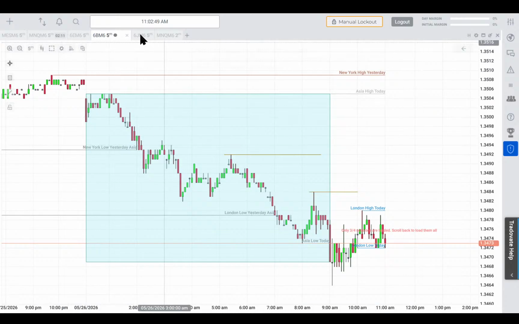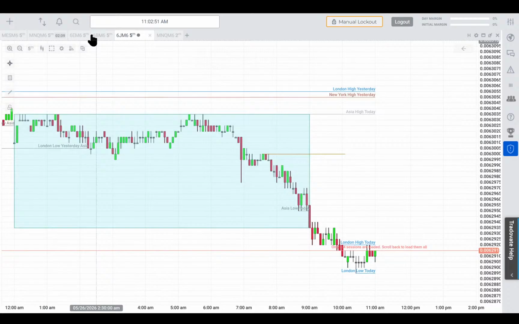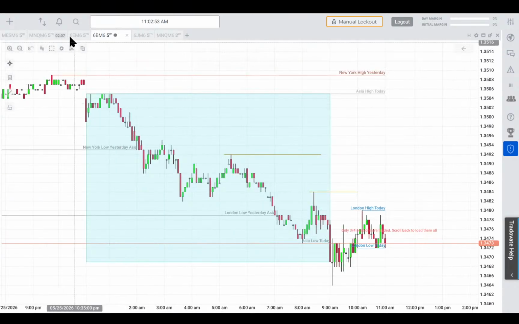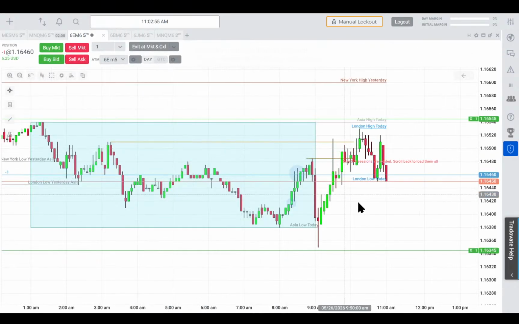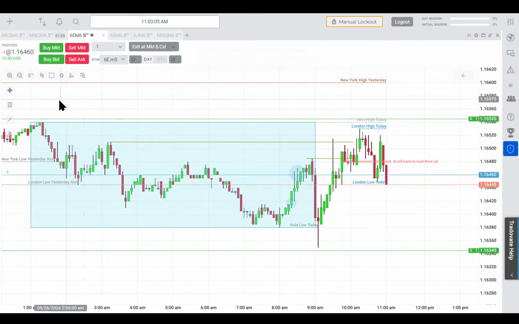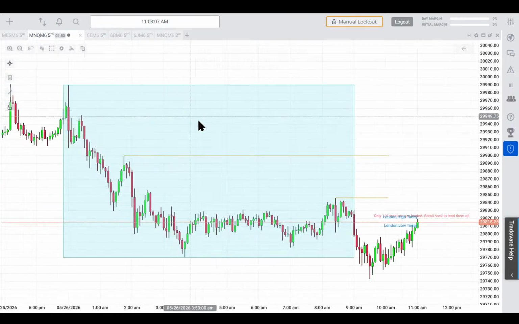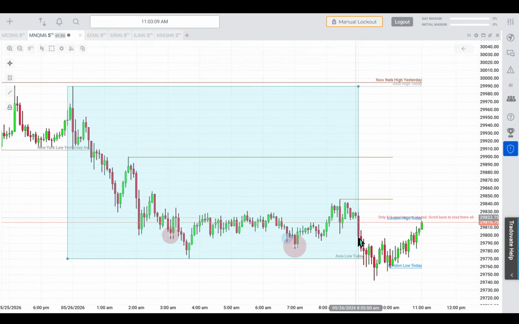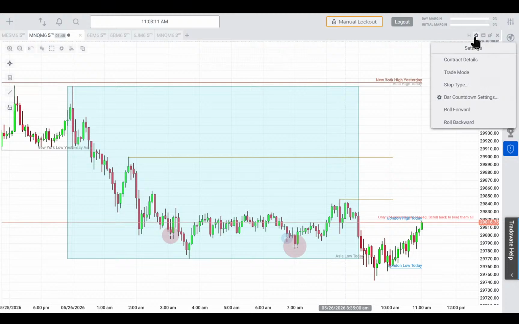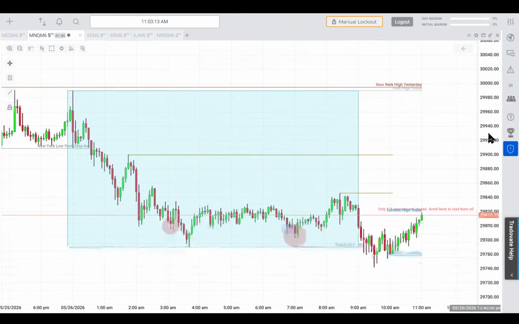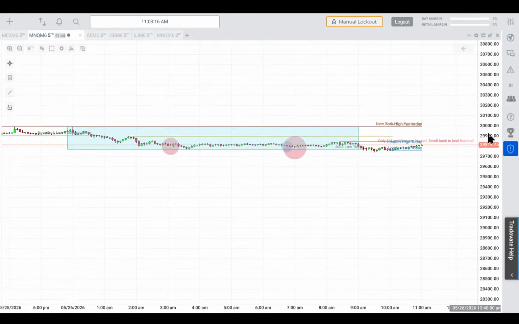So this is also safe. This is also safe, and we also have the euro, which if we hit this level here, I'm going to protect it. We'll see as we speak. And we have MNQ, which has no positions. Good.